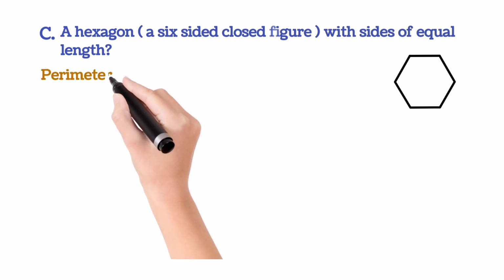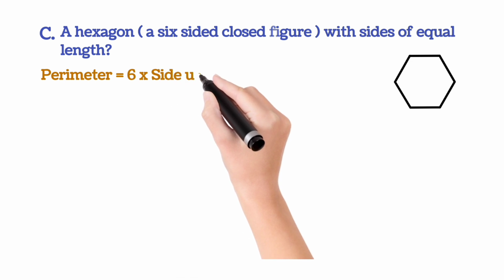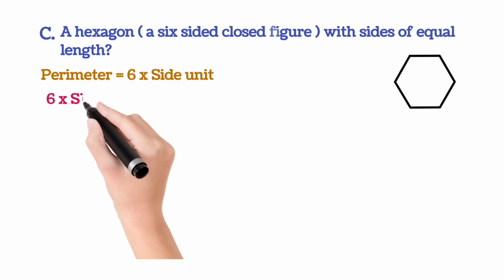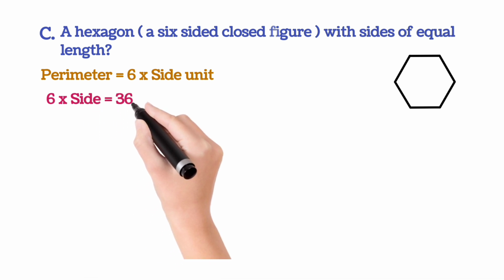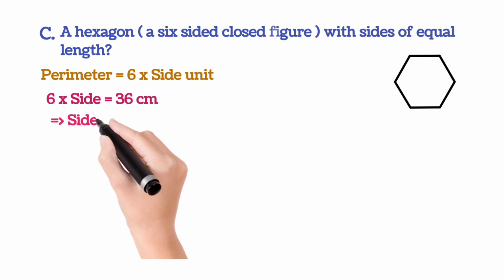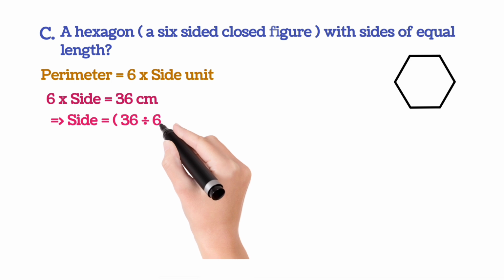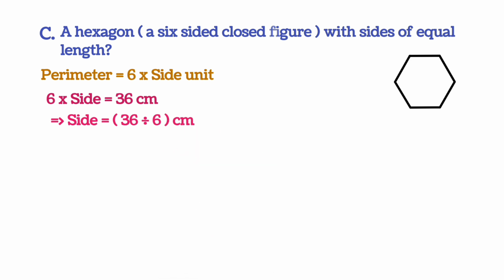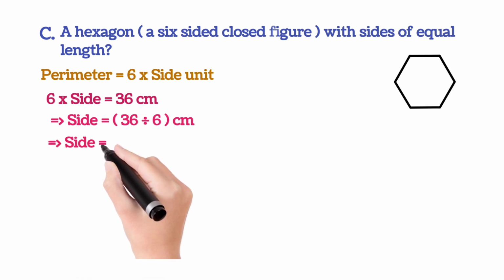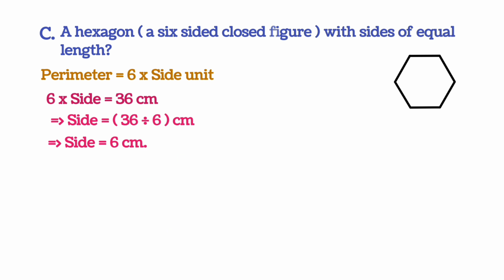This is the shape of a hexagon whose all 6 sides are equal. So the perimeter is 6 into side. We can write 6 into side equals 36 centimeter. Same way we find each side of this regular hexagon: 36 divided by 6. 6 6s are 36. So each side of this regular hexagon is 6 centimeter. Is it clear to you all?